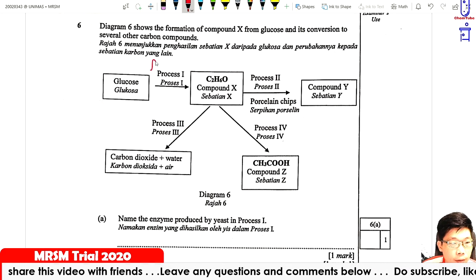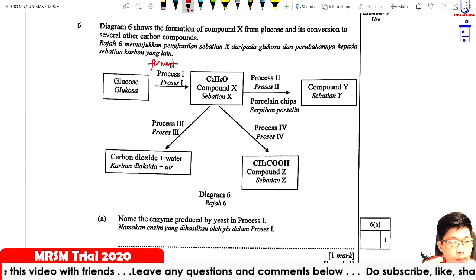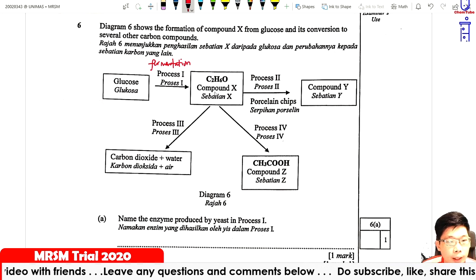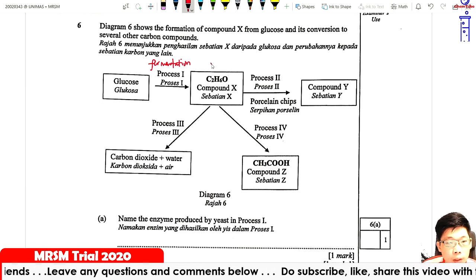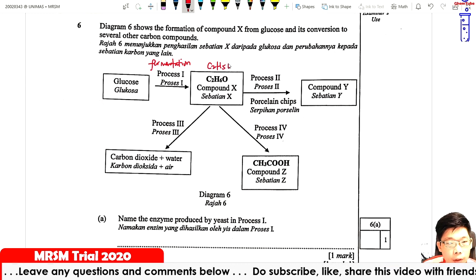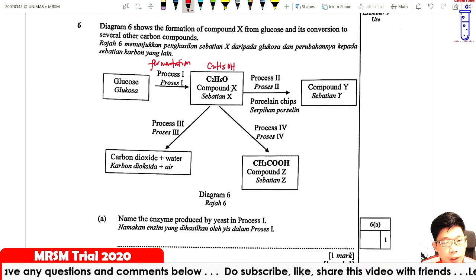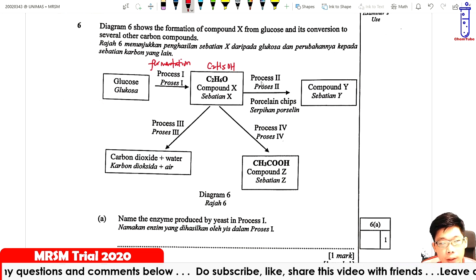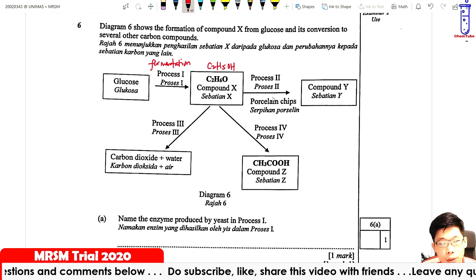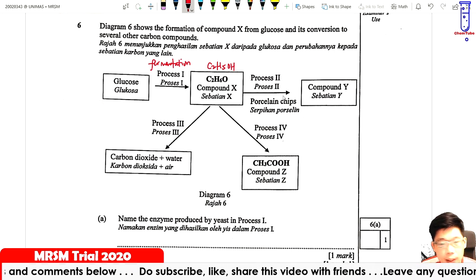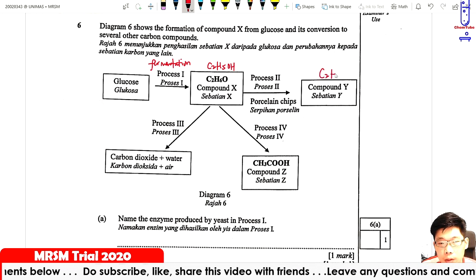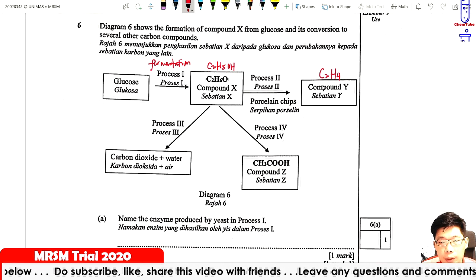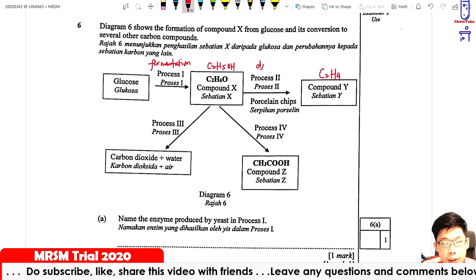Actually this is fermentation, and compound X is alcohol, C2H5OH, which is ethanol. So ethanol undergoes process 2 with porcelain chips, and it changes to C2H4. This is the dehydration.